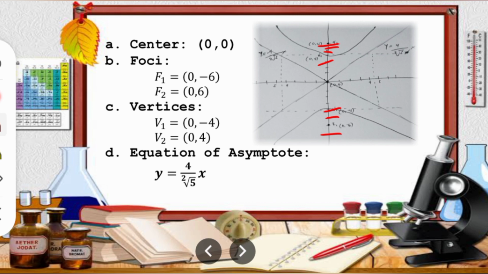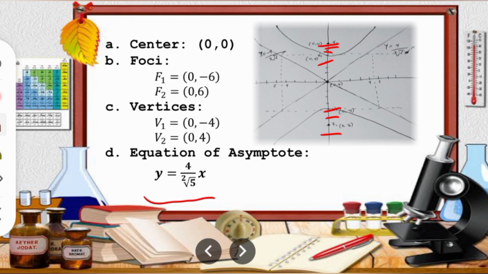The next thing to do is get our equation of the asymptote. We have this equation for our asymptote: y is equal to 4 over 2 square root of 5 times x. That is our equation of the asymptote. Why?